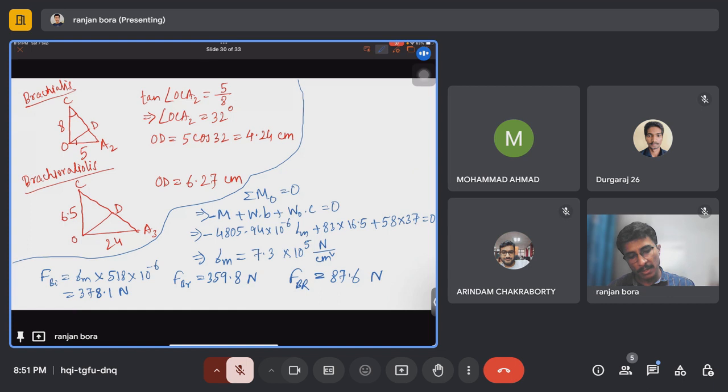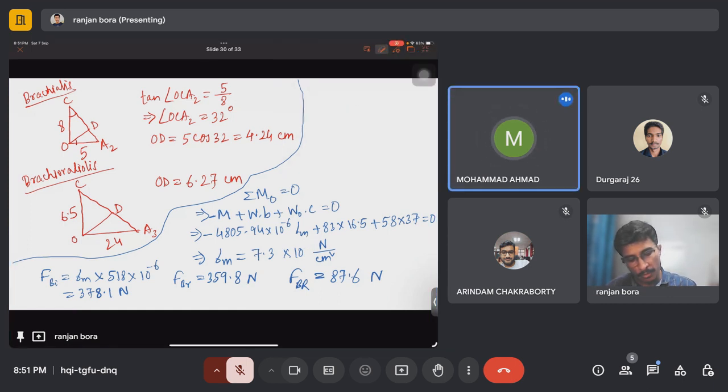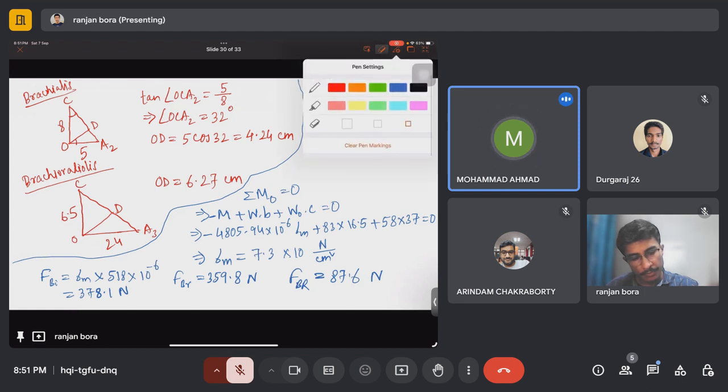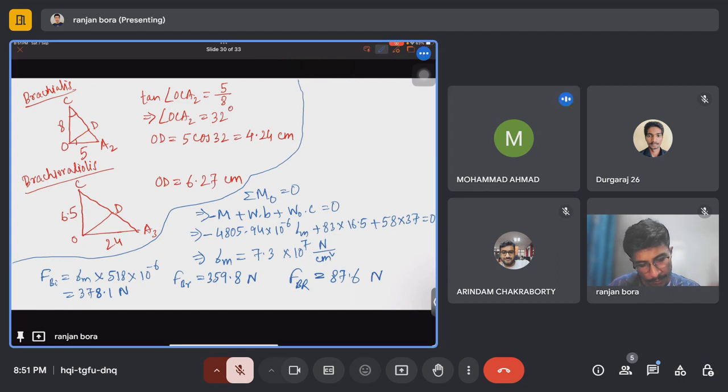You are getting 10 to the power 7. Yeah, 10 power 7 Newton per centimeter square. The unit is the same, but yes, the power will be 7. Okay, okay. Yeah, thank you.